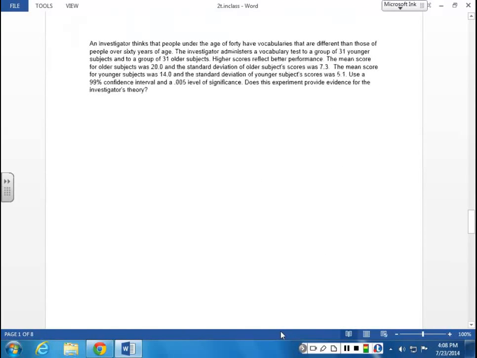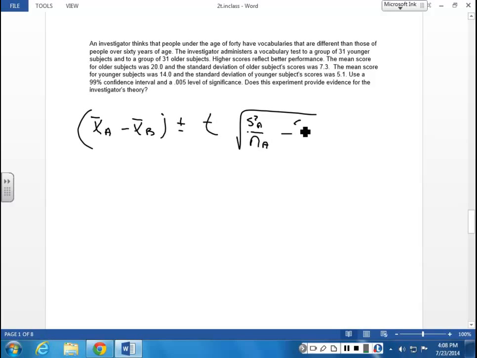Okay, so let's do the 99% confidence interval. That will be the statistic, x bar A minus x bar B, plus or minus confidence coefficient T, times the standard error. Again, I know I keep repeating this.